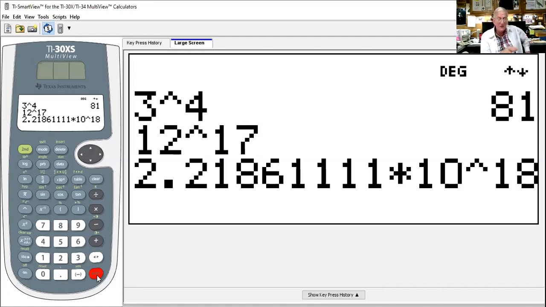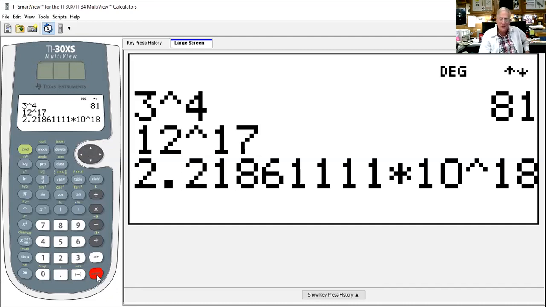Do you understand that this number is written in scientific notation? When you write a number in scientific notation, like we did here, what it means, if you recall, is that the decimal point behind that first 2 should really be moved 18 places to the right. Now, how many digits are showing up on here? After the decimal point, there are 1, 2, 3, 4, 5, 6, 7, 8 digits showing up.